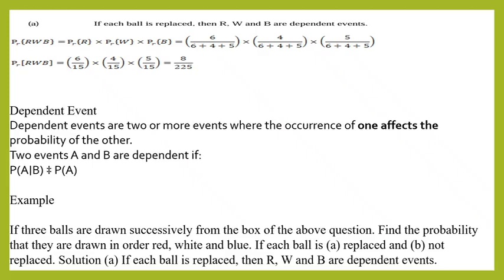Solution: if each ball is replaced, then red, white and blue are dependent events, because the occurrence of one affects the probability of the other.